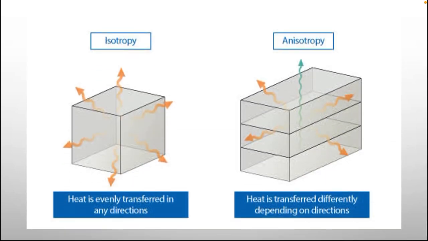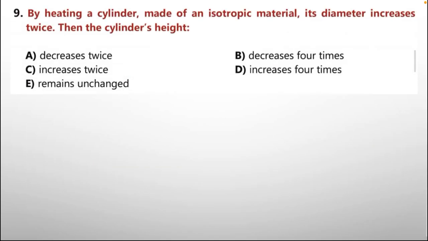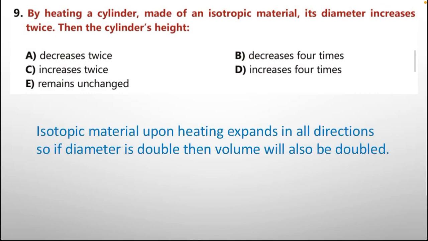Look at the isotropy: in an isotropic material, heat is transferred evenly in any direction, whereas in an anisotropic material, heat is transferred differently depending on direction. So an isotropic material upon heating expands in all directions. So if the diameter is doubled, then the height will also be doubled. Option number C, increases twice, is the correct option.